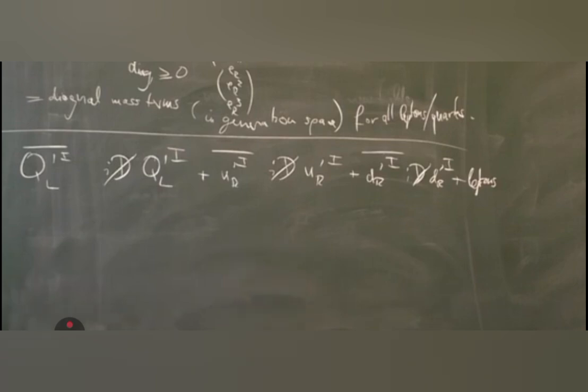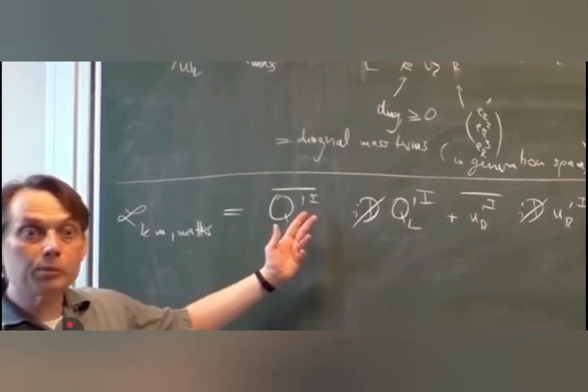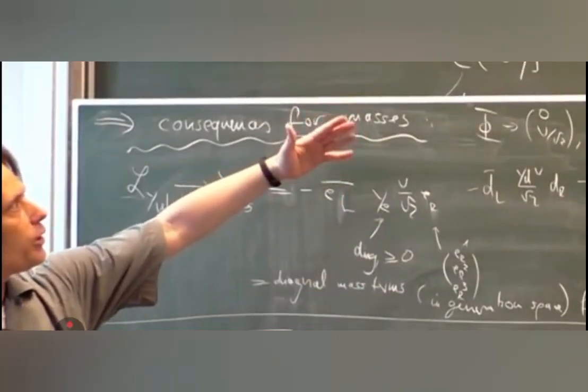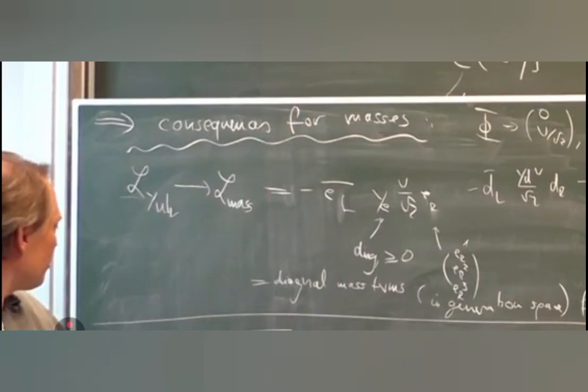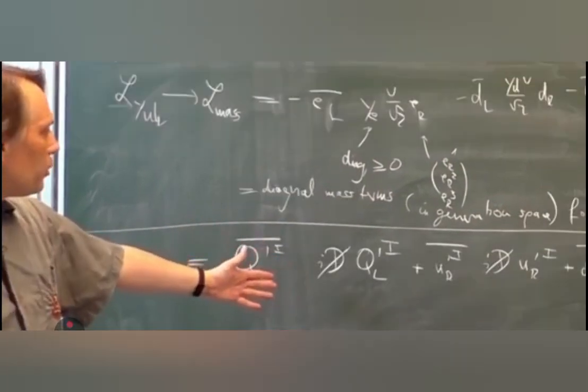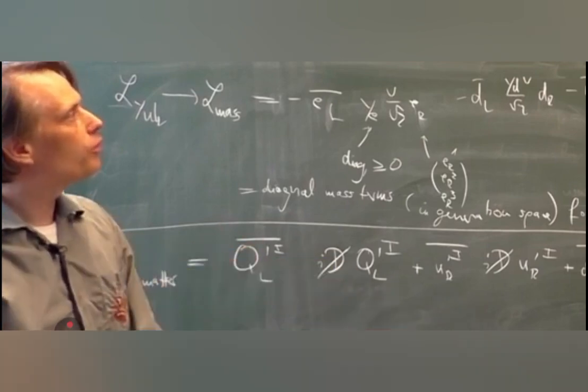So we have the primed interaction and kinetic terms, and they are already diagonal in the primed fields. But now we have defined new fields without prime, and the question is, how do the kinetic terms and interaction terms look like once we replace the primed fields by the unprimed fields?